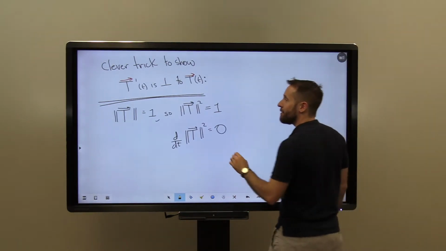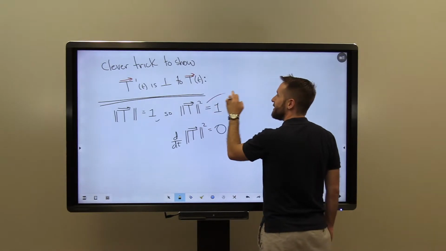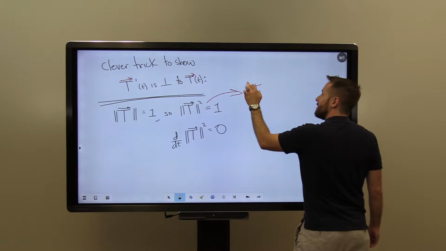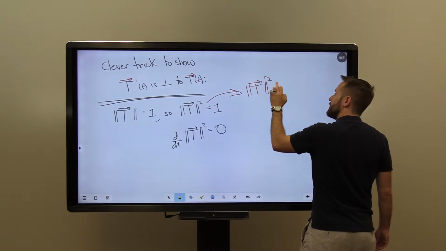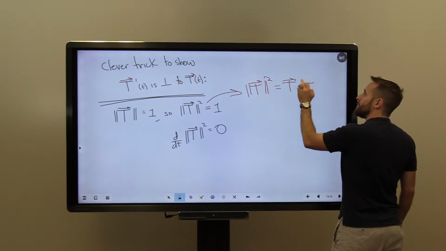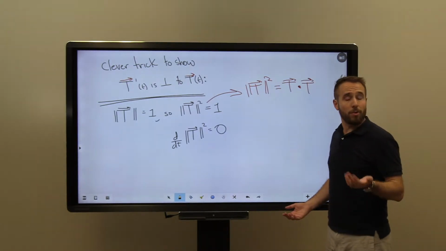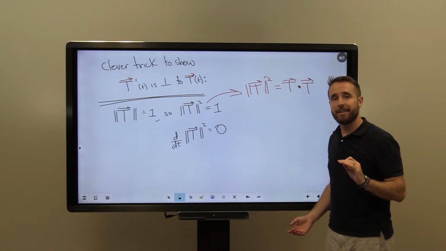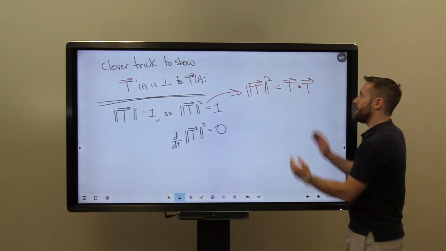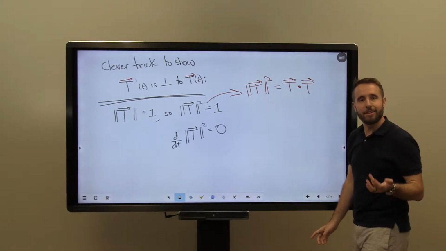But it turns out this is useful to us because this expression, norm of t squared, is really just t dotted with t, which is how we originally defined length. And so what that tells us is that the derivative of this quantity is equal to 0.